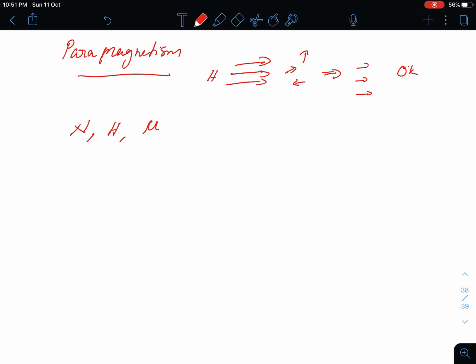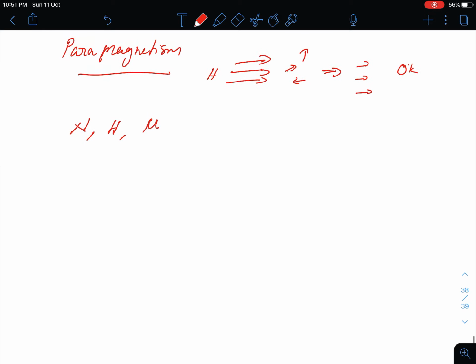You have studied in the 4th or 5th semester undergraduate course that if you are applying an electric field to an electric dipole, then the energy associated would be U is equal to minus p dot E, that is, dipole moment multiplied by the external field.